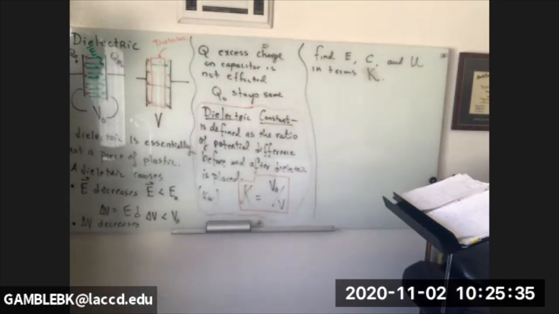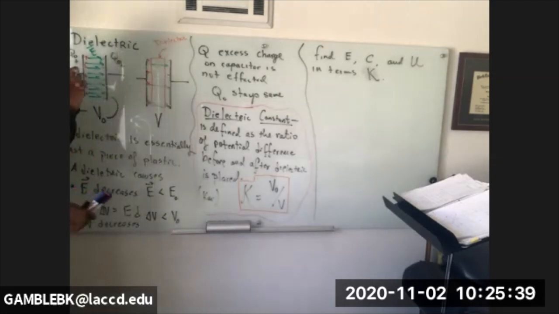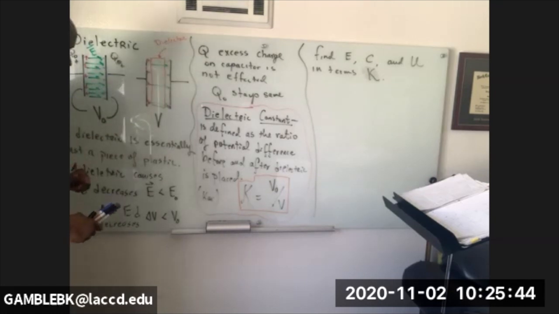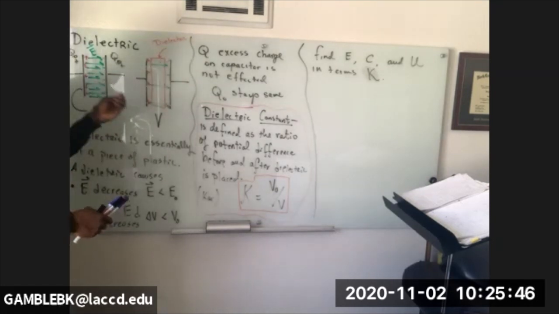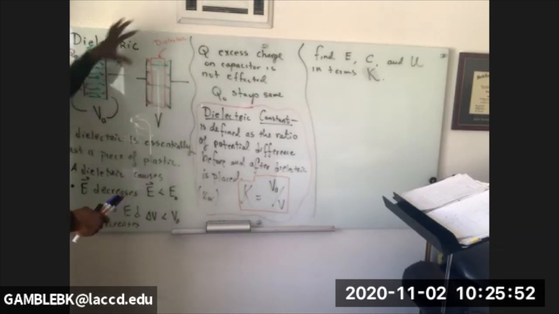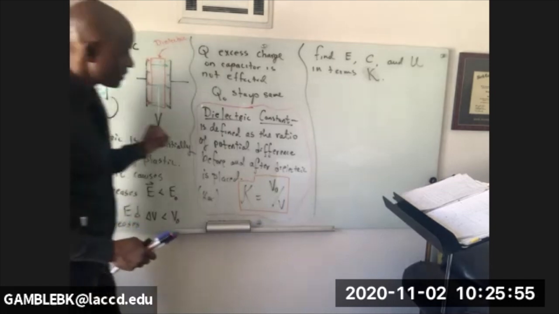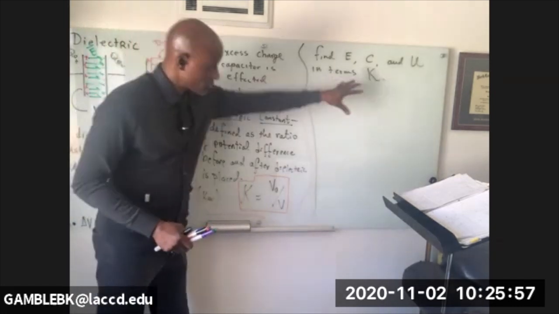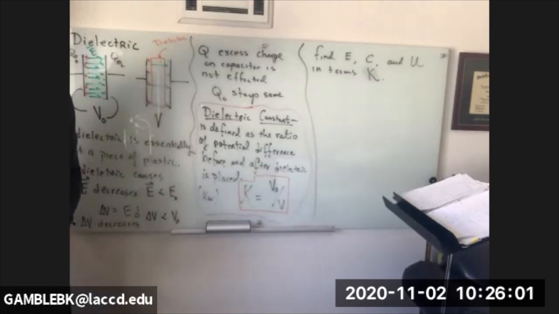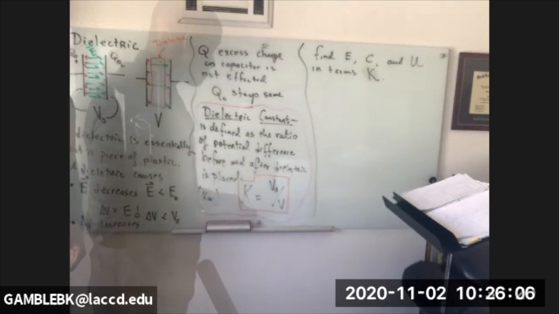And the big question, which we haven't asked, is: in the same way I walked you through what happens to the potential and to the field, think about what must happen to the charge. Think about what must happen to the capacitance and the energy based on placing the dielectric in. Then see if you can write those last three in terms of chi, given that chi is equal to the ratio of the potential. Go ahead and see if you can do that right now. Right back.